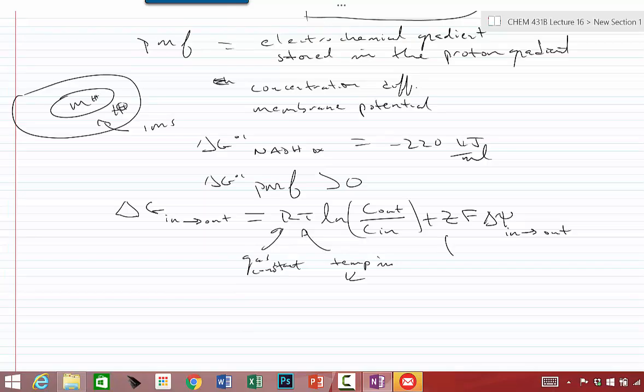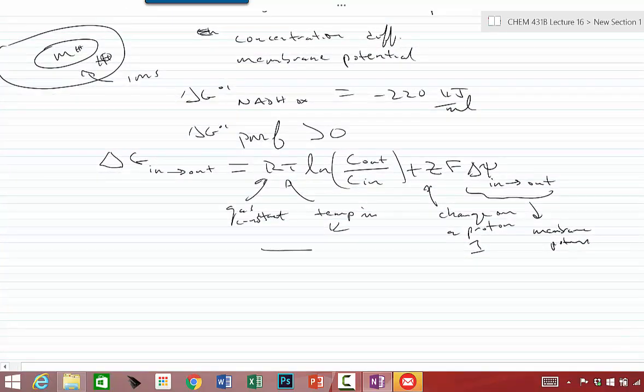And then here we have the charge on a proton, and that charge is going to be 1, so that's easy. F, again, is Faraday's constant. And we call this the membrane potential. So there's two components here.